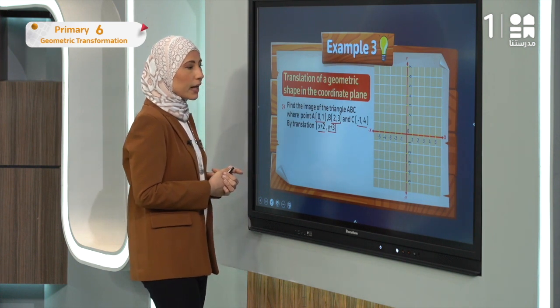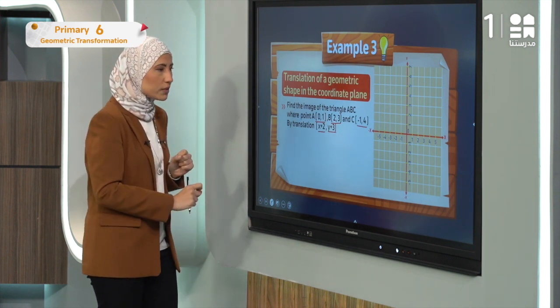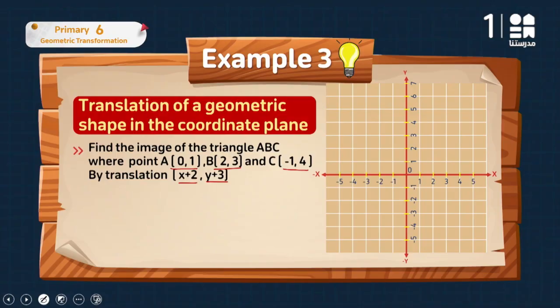طيب تعالوا نجيب الإيمج بتاعت كل point. أول حاجة البوينت A. I will going to write point A, 0, 1 plus الترانسليشن بتاعتي اللي هي plus 2, plus 3. So we're going to add it. 1 plus 3 equal 4. 0 plus 2 equal 2. So my الإيمج بتاعت ال A dash بتاعتي اللي هي 2 and 4.